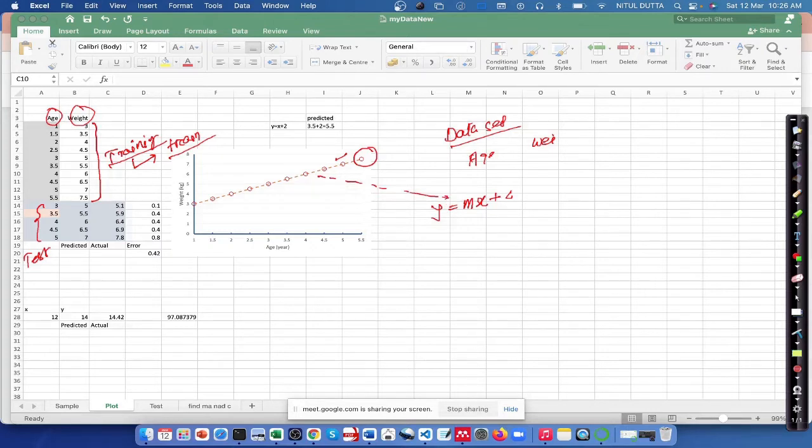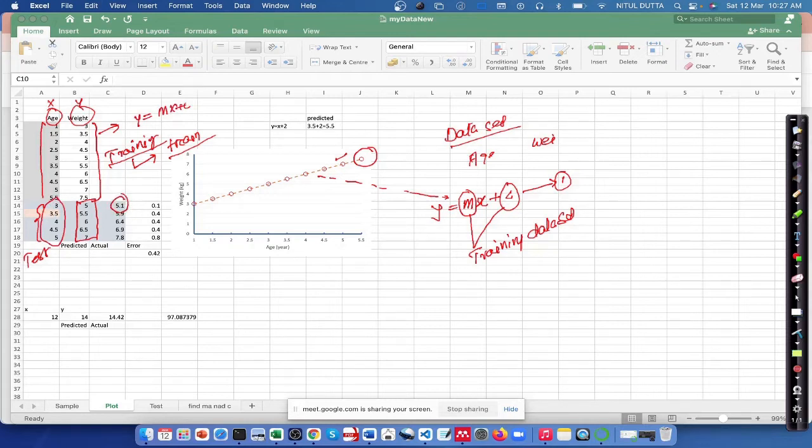And using the testing data set, we try to find out the value of y from the equation.